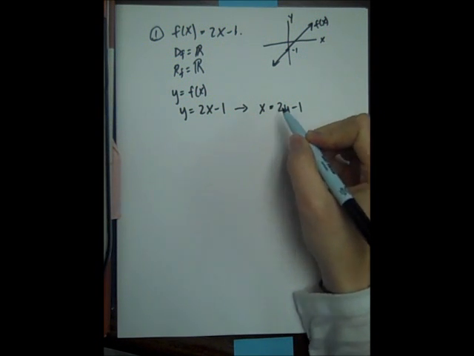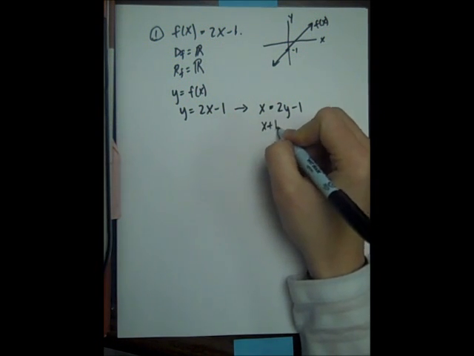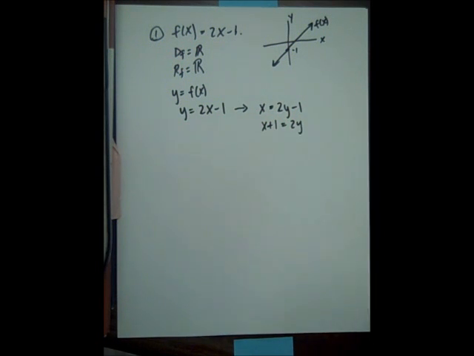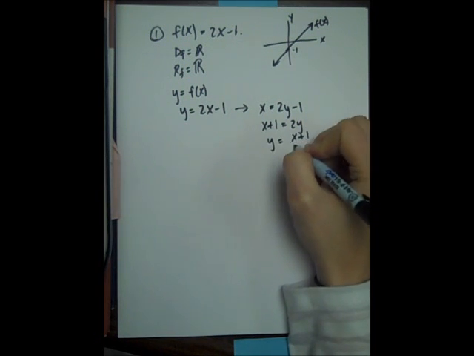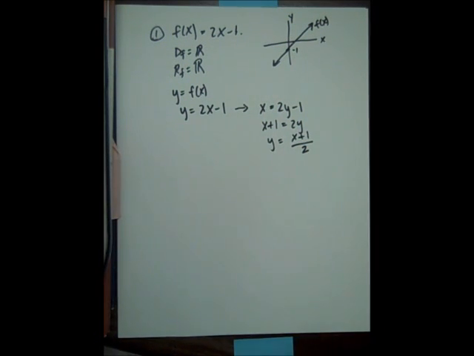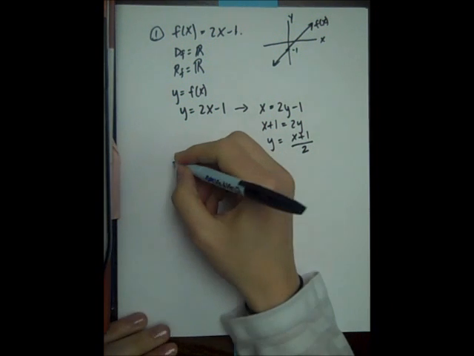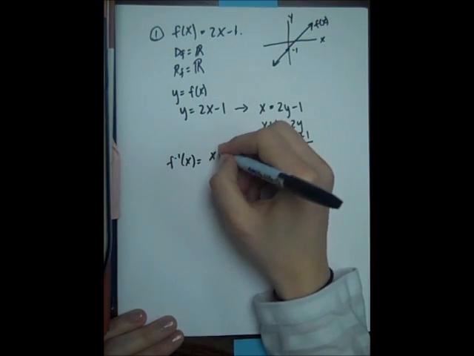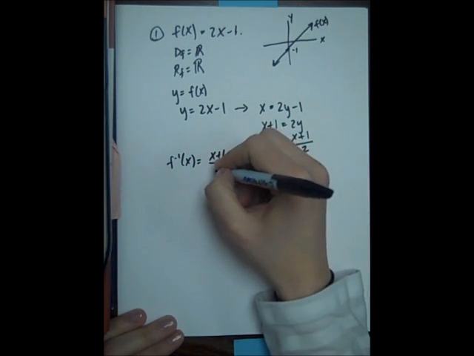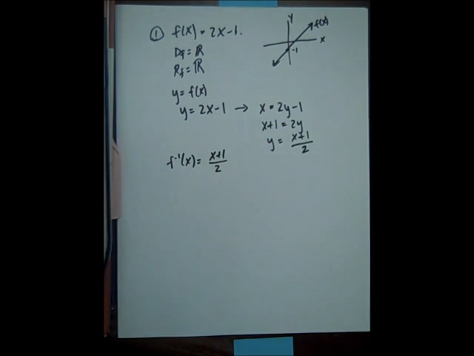I'm going to move this 1 over to the other side. So x plus 1 is 2y. And then divide both sides by 2. So y is (x plus 1) over 2. So that's your inverse. f inverse of x is going to be (x plus 1) over 2.